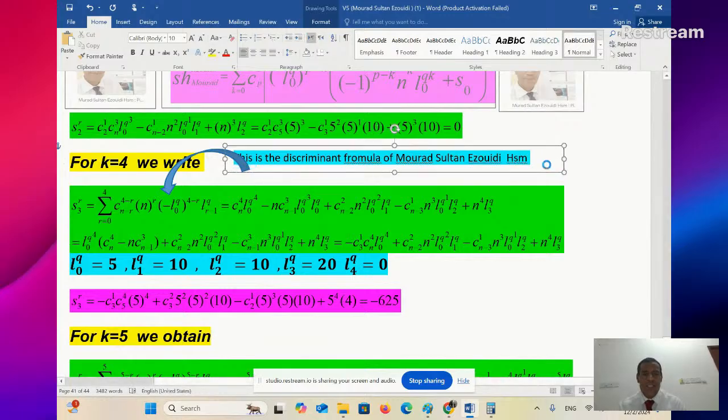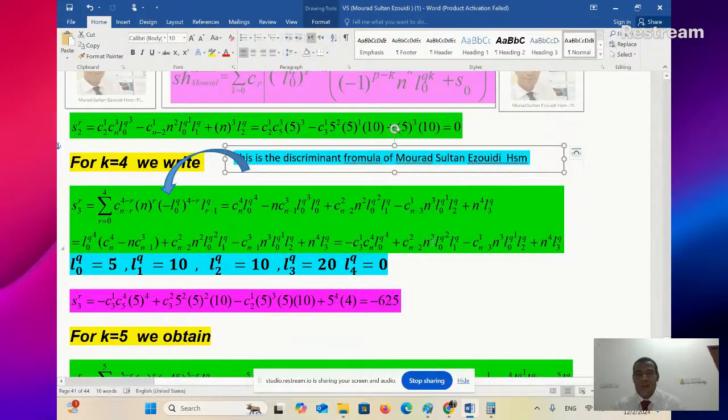So I will develop or make an expansion for this discrete formula. I will obtain the last generalized formula when k equals 4 for any polynomial equation, not only when the highest power is 3 or 2 or 4 or 5 or 6. So whatsoever your polynomial, this will work.